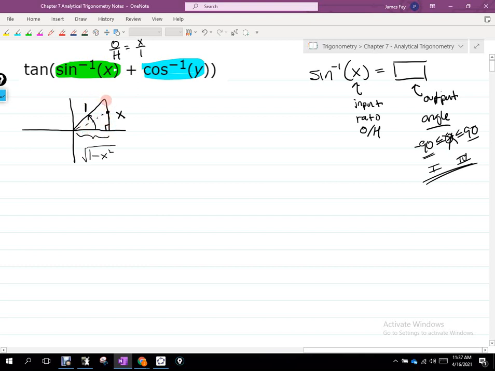Or maybe x is a larger value, so maybe x is up there, so the angle would be a little bit greater, okay? So I don't know what this angle is. It's arbitrary, so I'm just going to call it theta. Okay? So the sine inverse of x output is going to be theta, but all of this stuff here is attached to that theta.